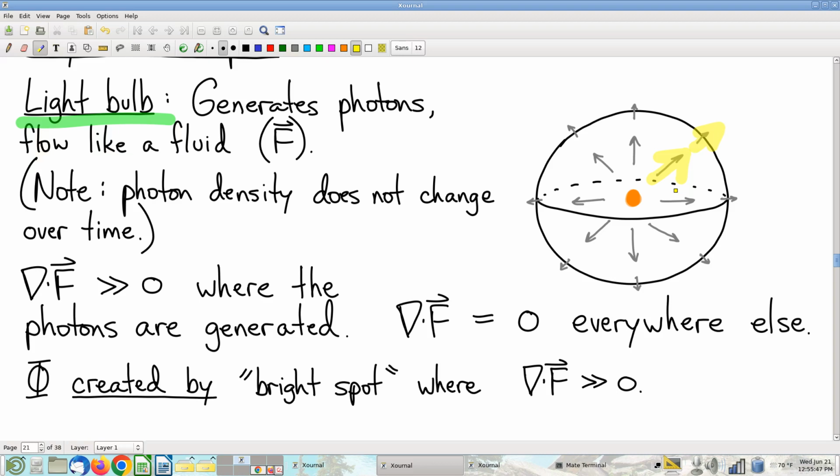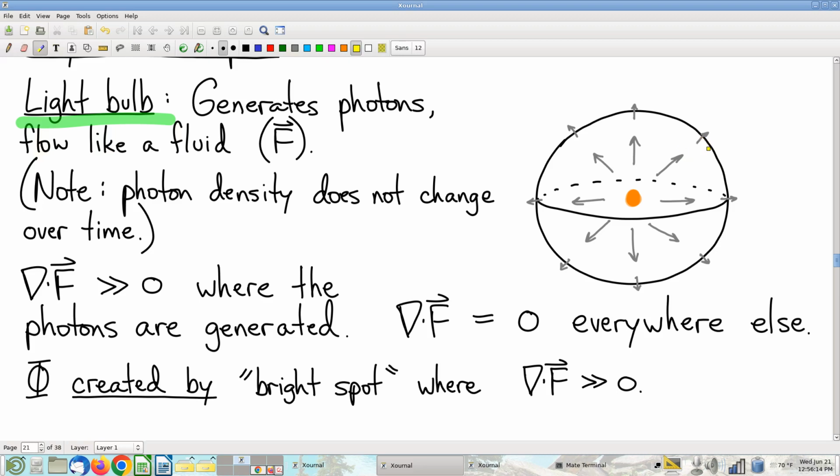We sometimes use, for really good reasons, density times velocity. When you are near the light bulb, the photon density is greater because you're closer to where the photons came from. They're packed in closer. And the farther you get out, the less photon density there is. So that's why these arrows are shorter. Is everybody happy with that?